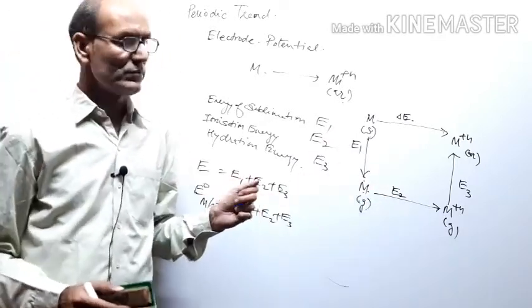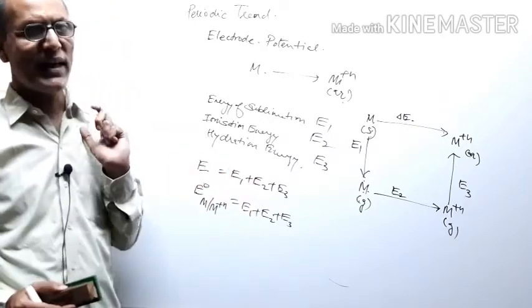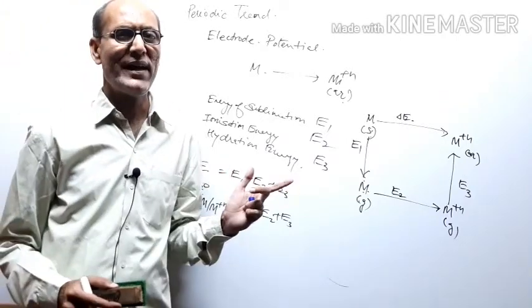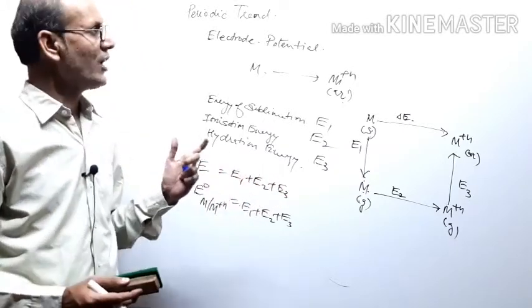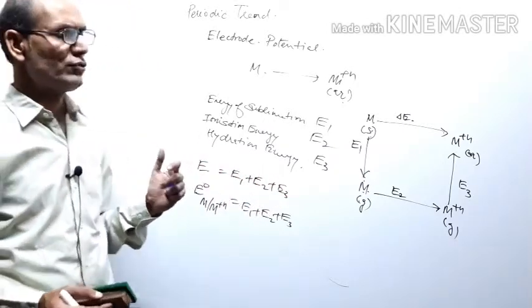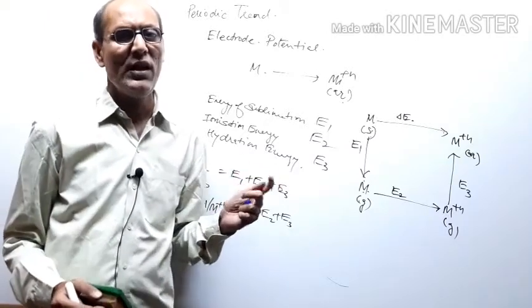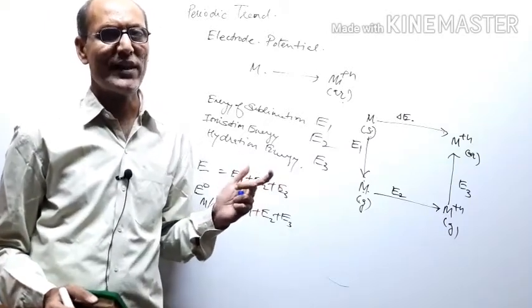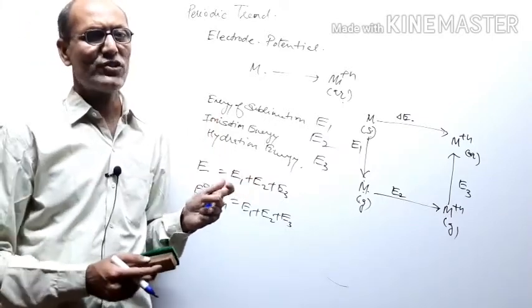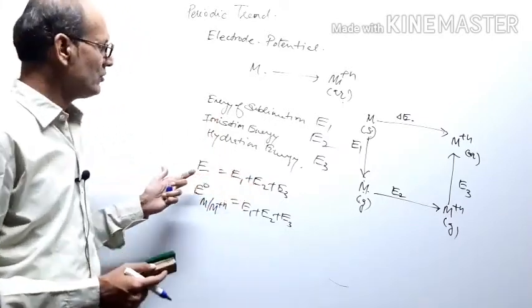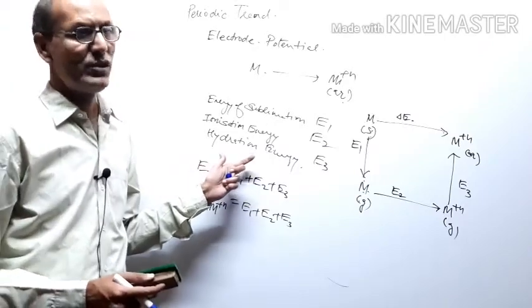But when we observe the electrode potential of all the elements present in the 3D series, 9 elements of the 3D series show the negative value of standard reduction potential, and only copper is the element which shows the positive value of electrode potential.